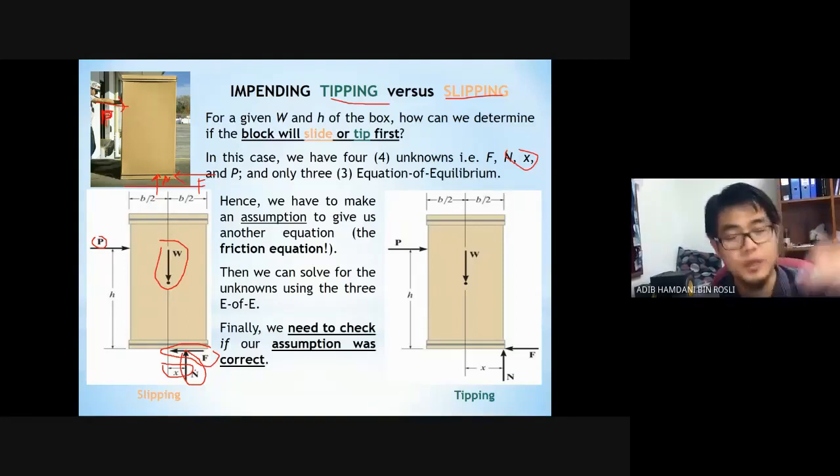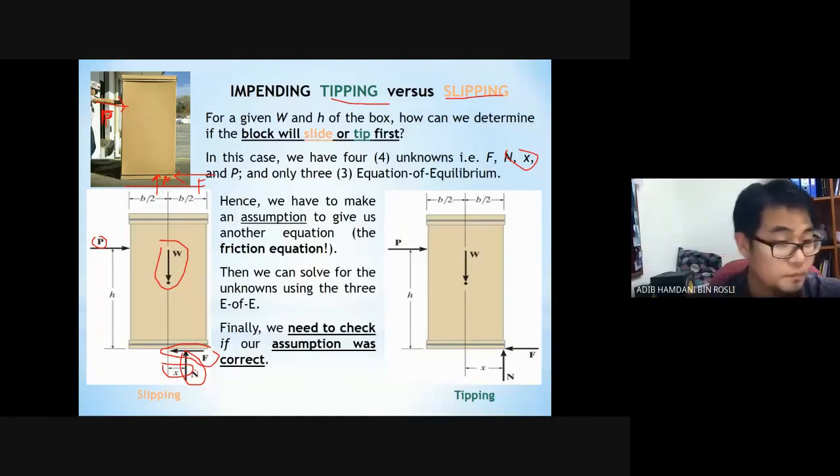Generally speaking, this normal force is not uniform but distributed on the bottom surface. But when we do this, we find the equivalent one, this consistent N, which acts at a distance X from the center of gravity, right?